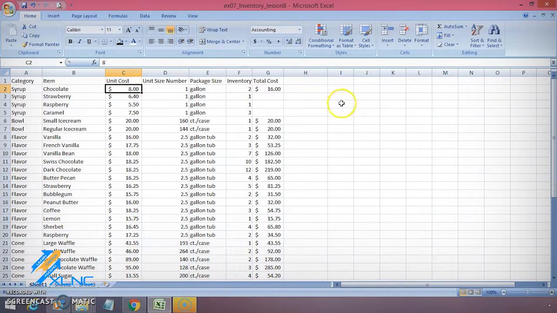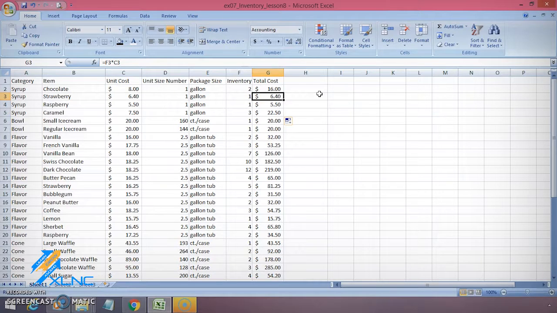When you copy a formula containing relative references to another cell, the relative references automatically change. So when I drag this formula down and fill other cells with it, you won't see F2 times C2, you will see the new relative references.